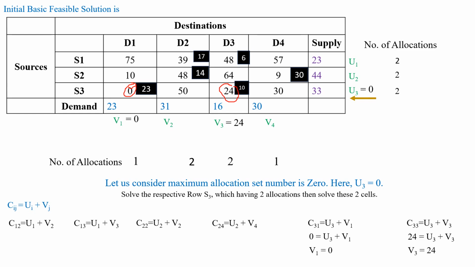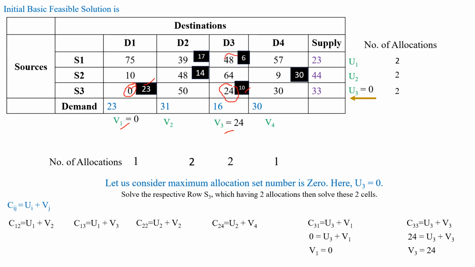Next, we know the V1 value as well as the V3 value. In the V1 column we have only one allocated cell, which we already solved. In the V3 column there are 2 allocations. The first cell we already solved. Next we look at the other occupied cell, that is the S1 row and D3 column.